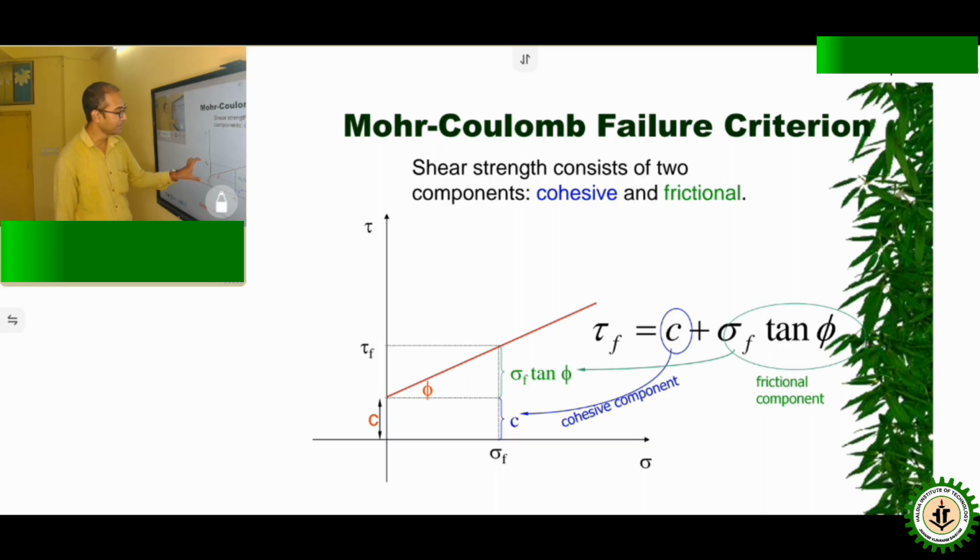Tau is the shear strength at failure, and sigma is the normal stress at failure. Here this is C and this angle is phi.